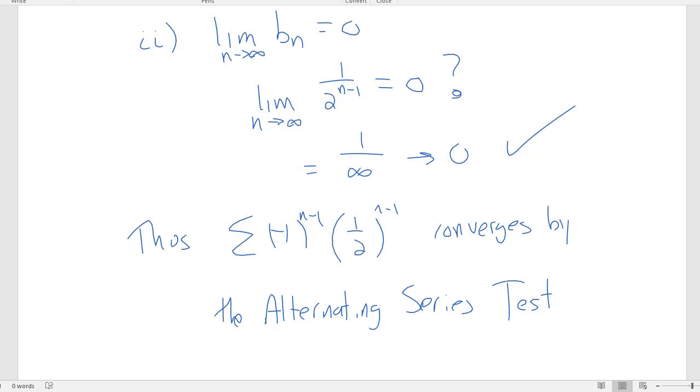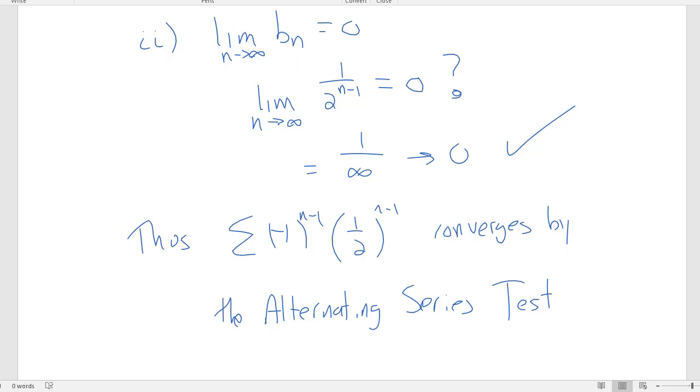That's going to be the first thing in my flowchart. And then I'm going to ask, is this geometric? Because if it's geometric, I get a nice clean result from that. Then I can consider the integral test, the direct comparison or limit comparison test, and now I have the alternating series test as another tool in my infinite series bag of tools.